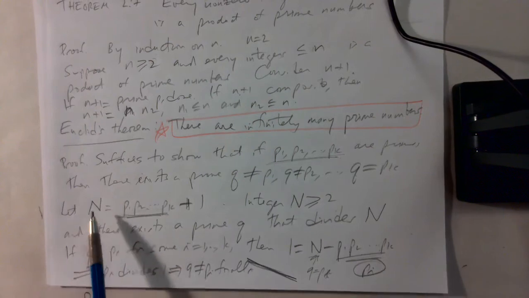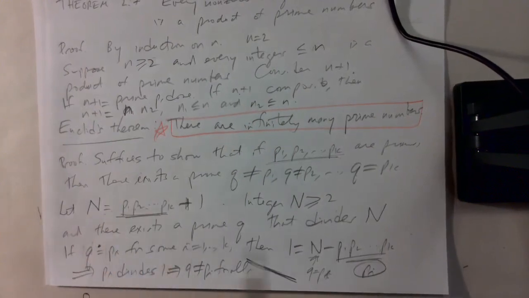So if the prime Q divides this and this, it divides their difference, which is 1. But 1 is not divisible by a prime. That's a contradiction. So Q is a new prime. And that is a proof of Euclid's theorem.